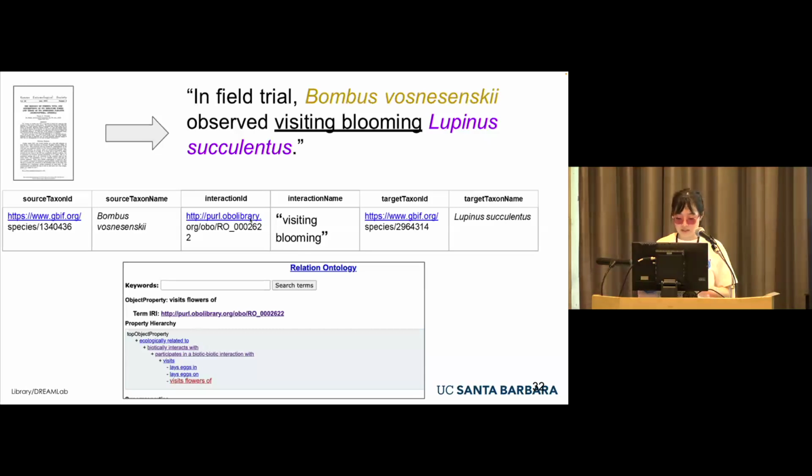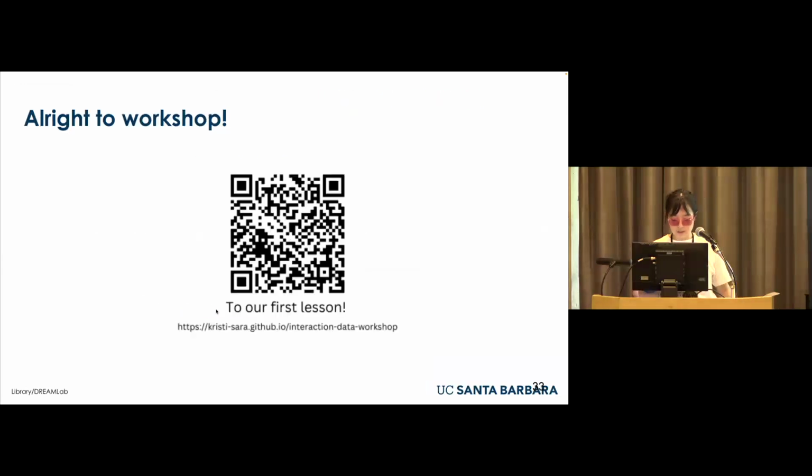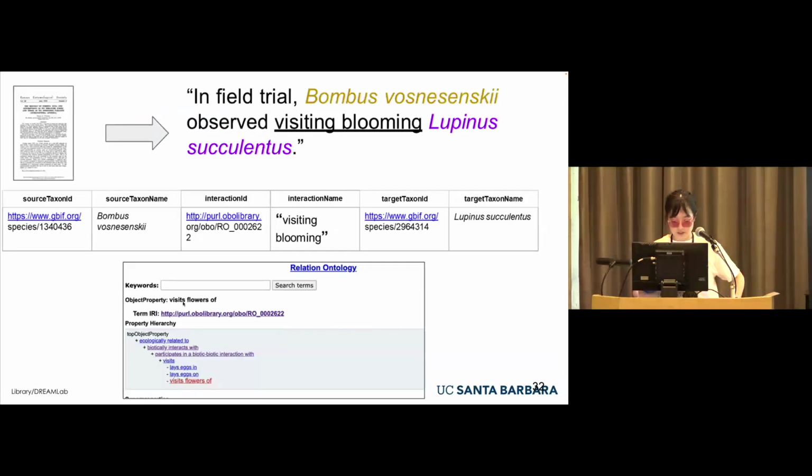When you give it that interaction ID, like this RO whatever, the interaction name itself is visiting, blooming, and then we have the taxon ID for the lupin. When you go to the relationship ontology, it looks like this bottom area right here: what are those properties?